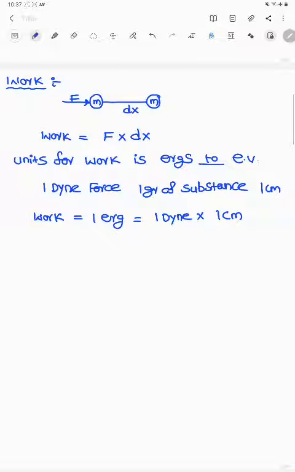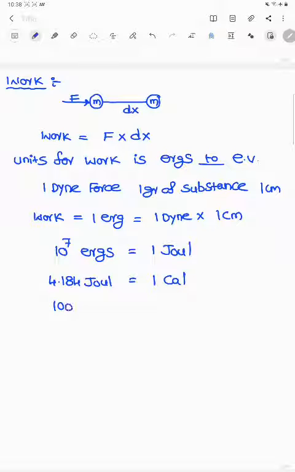Here the relation between ergs to electron volts: 10 to the power of 7 ergs is equal to 1 joule, 4.184 joules is equal to 1 calorie, 1000 calories is equal to 1 kilocalorie, 23.06 kilocalories is equal to 1 electron volt. It is the interrelation between the ergs to electron volts.